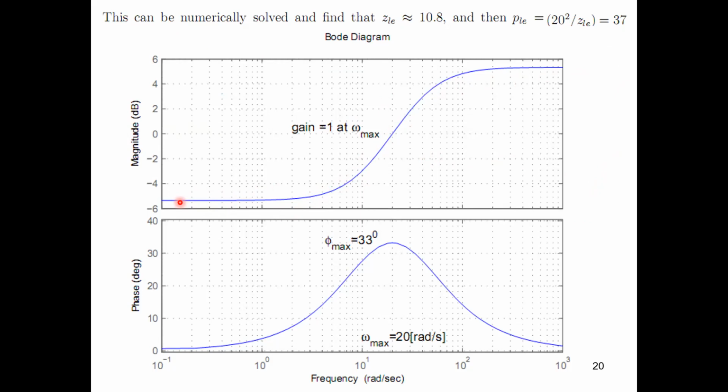What do you see? You see there the frequency axis. This is 10 to the 1, this is 10 to the 2, right? You can see the peak phase contribution at 20 radians per second and that maximum is 33 degrees. And before that and after that, you have different phase contributions, right?